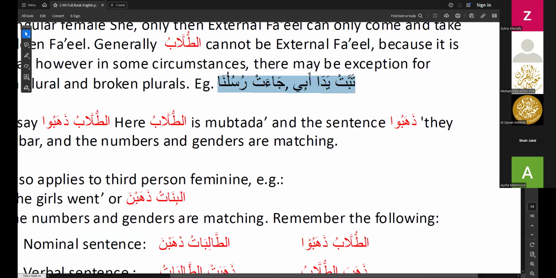Hands of Abi, Abi Lahab. Father. Abu Lahab, yes. Fine. So tell me what hidden fa'il Tabbat has got.